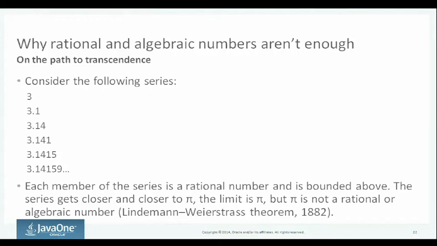Pi is not an algebraic number. So there's no polynomial whose root is pi as long as the coefficients of the polynomial are rational. And this is a very famous theorem called the Lindemann-Weierstrass theorem from the 1800s. And you know if people are still referring to the theorem with your name in it 100 years later, it's an important result. So it turns out pi is something else called a transcendental number.